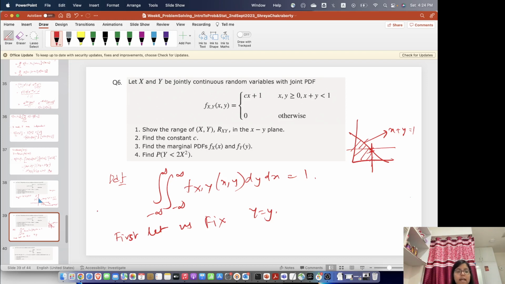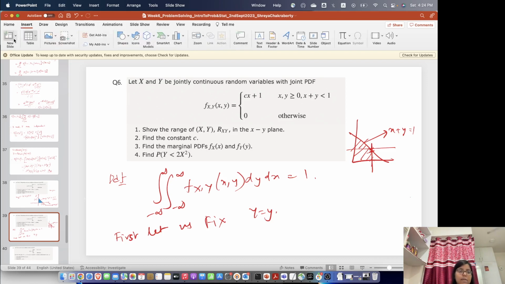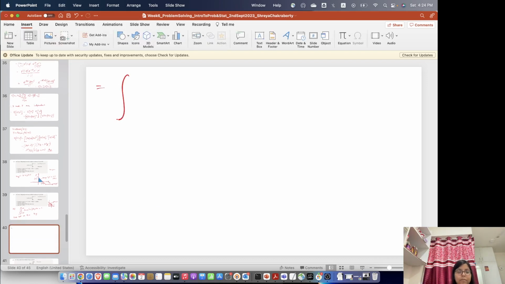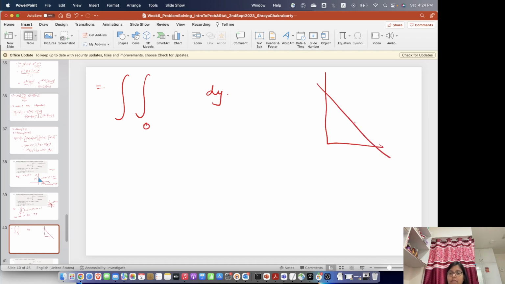So we are fixing x, and y can go from 0 to the line x plus y equal to 1, so y will be 1 minus x.